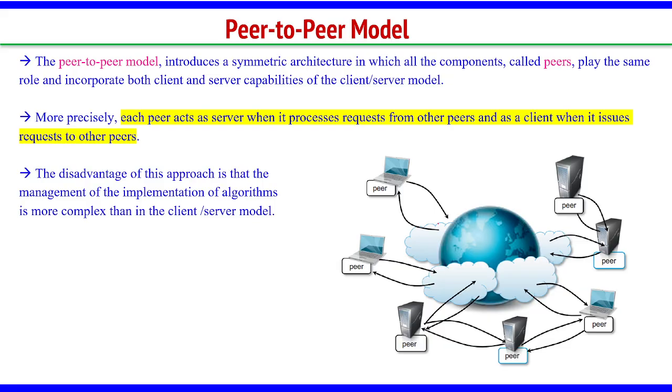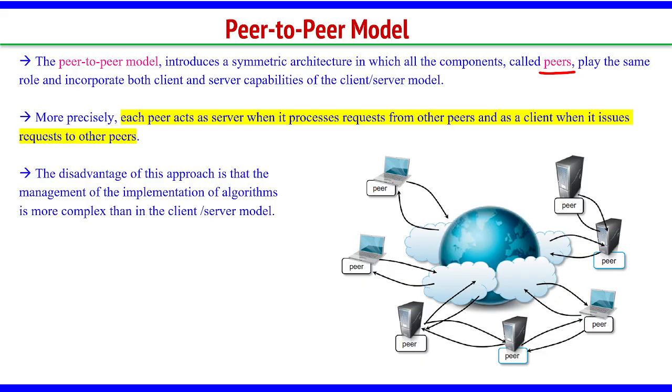See here, in this diagram, if you observe, all are connected through the internet. They are all connected to each other, peer-to-peer. The peer-to-peer model introduces a symmetric architecture in which all the components, called peers, play the same role and have the capacity to act as a client or a server.